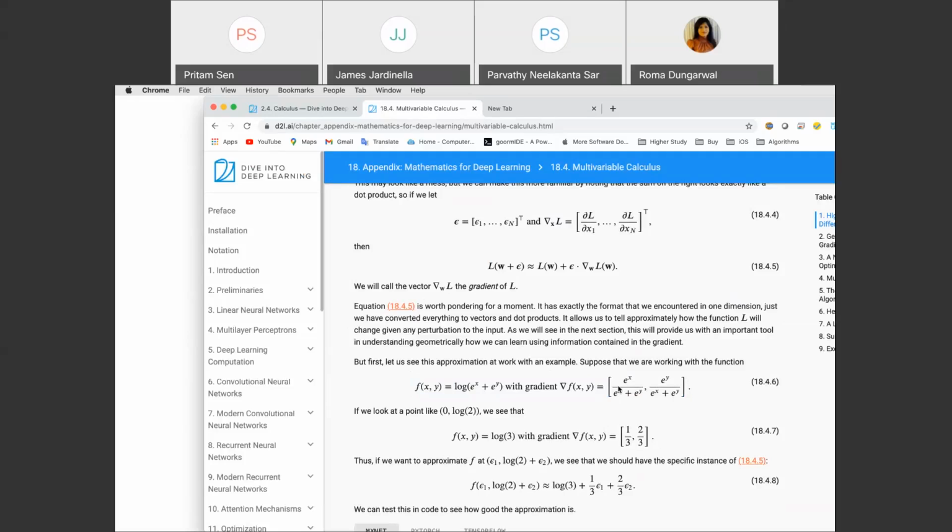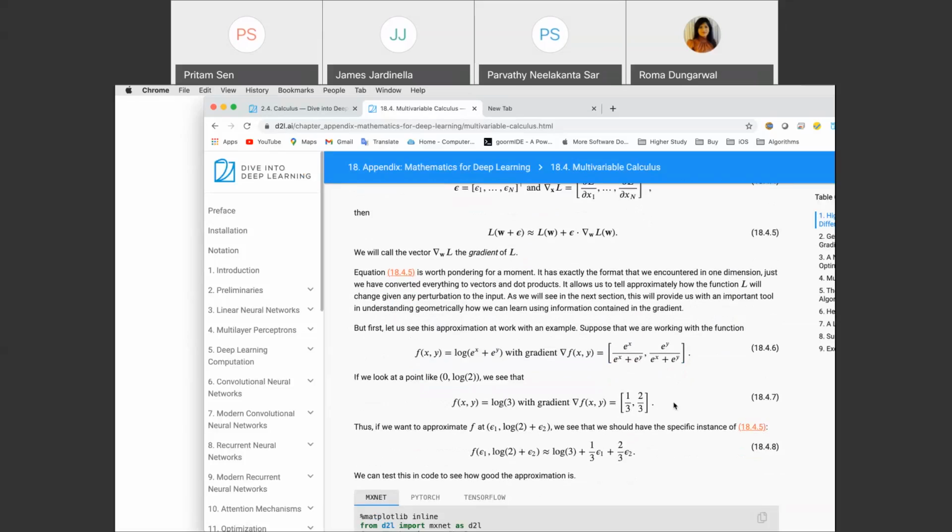The function f differentiated with respect to x and with respect to y. And for some point, for example, x is equal to 0 and y is equal to log 2, we can calculate f(x, y) and the gradient by putting these values in place of x and y.